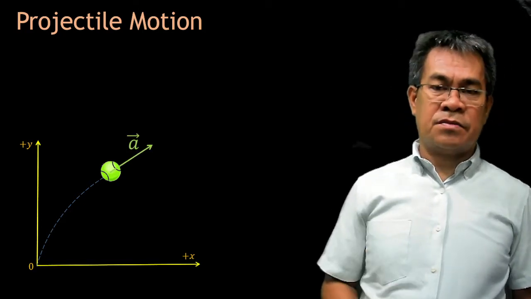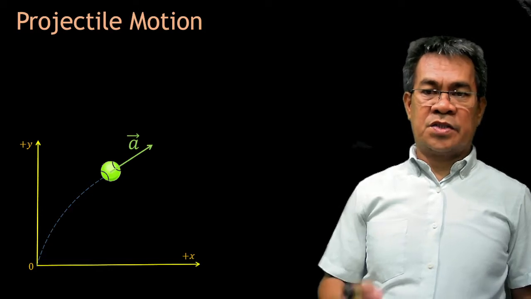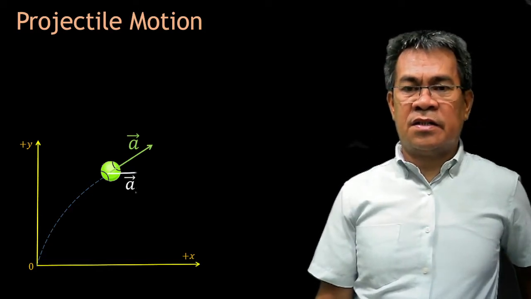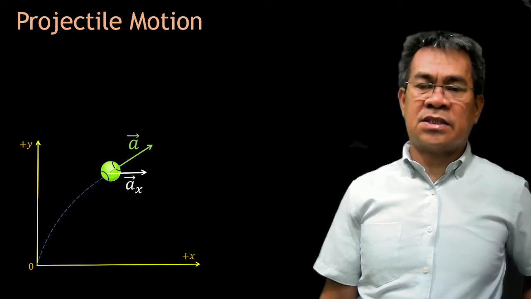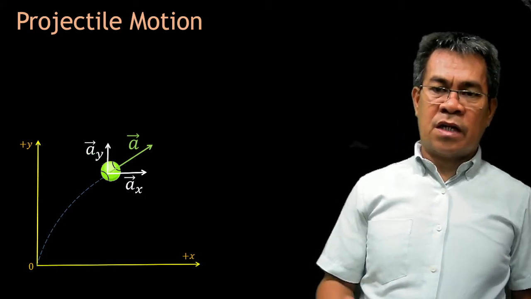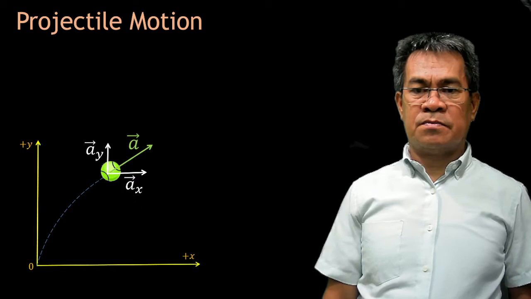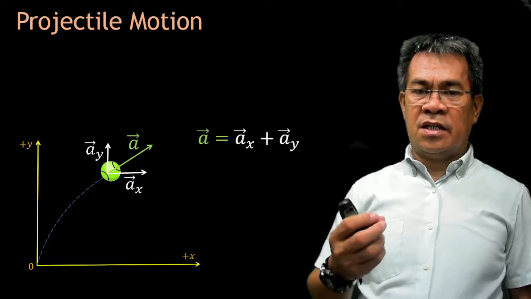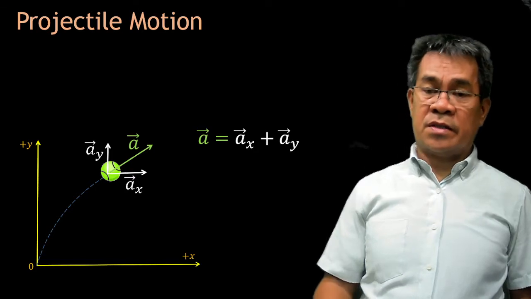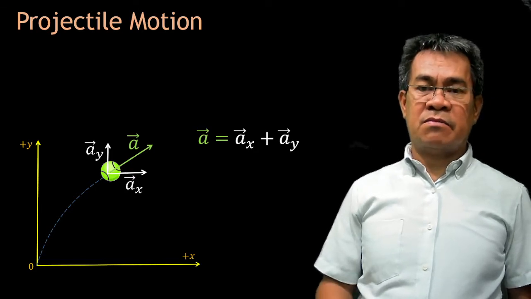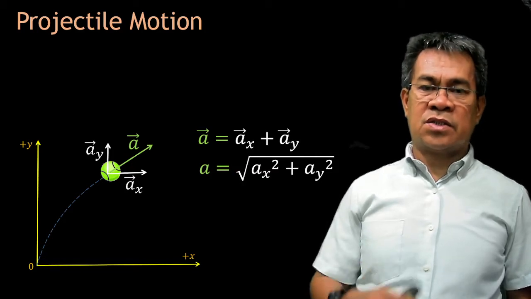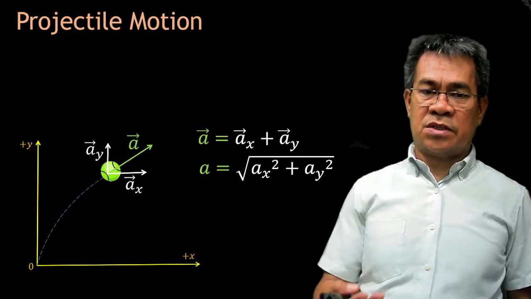experiences an acceleration vector. Now, since we have two-dimensional axes, there must be a component along x and a component along y of the acceleration. The vector sum of the components, take note, is the acceleration vector of the particle, which means that the magnitude of this acceleration can be computed as the square root of the sum of the squares of its components.